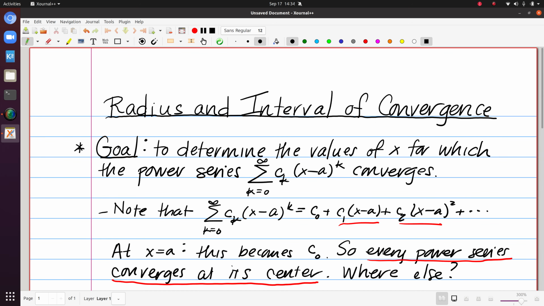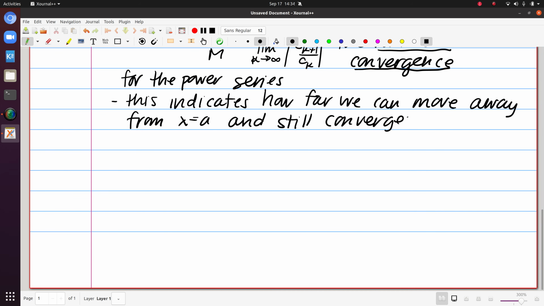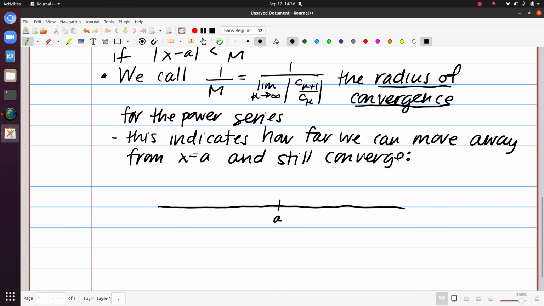So what we can think of here, if I want to consider a number line, we said that every power series converges at its center a. So these are values of x I'm considering. Once I think about the radius value, what we want to consider is how far away from a I can move on this x-axis and still be guaranteed convergence.